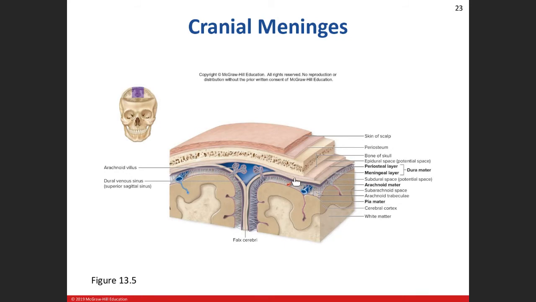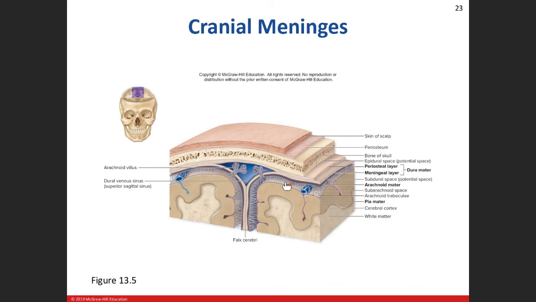Okay. Just below that, you can see we have the subdural space, another potential space. Okay. And if a blood vessel ruptures and you bleed in that space, then it's no longer potential. Here's the arachnoid mater, that middle layer. And then just below that, or deep to that, here is your subarachnoid space, not a potential space.